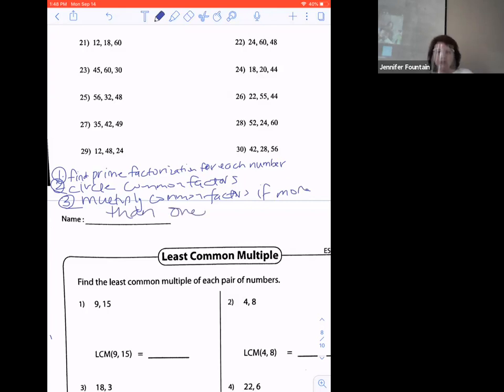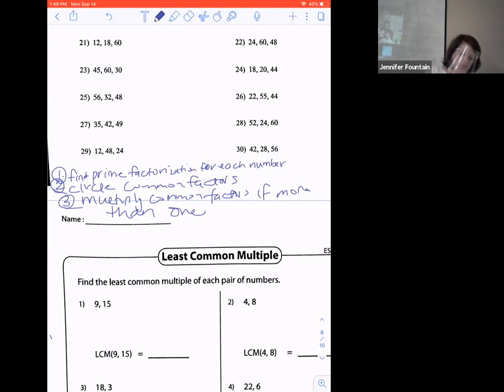If there's more than one common factor, I multiply them together. So first, prime factorization. Second, circle my common factors. Then whatever's in common, I multiply those together.